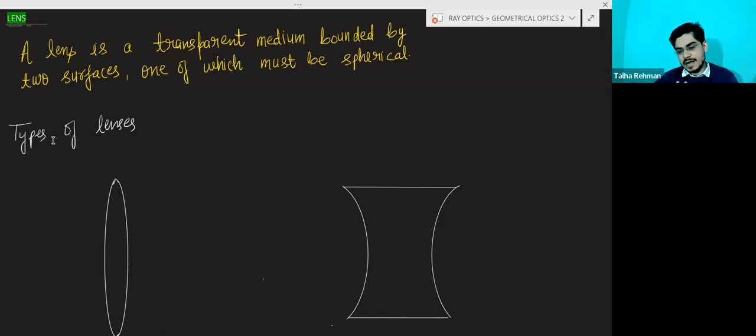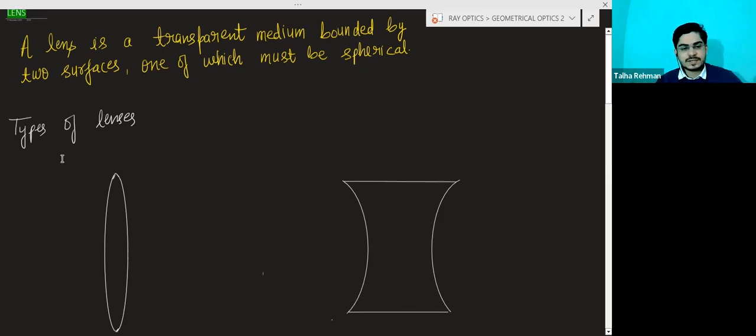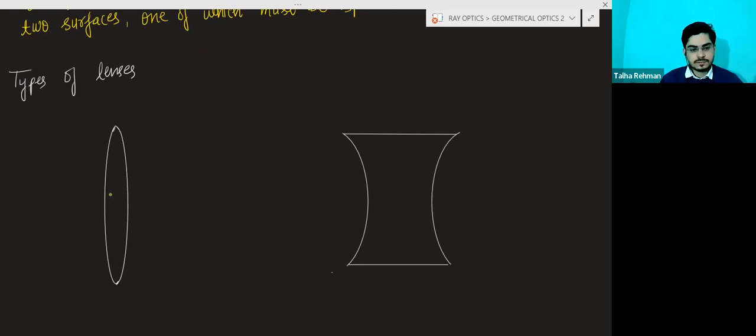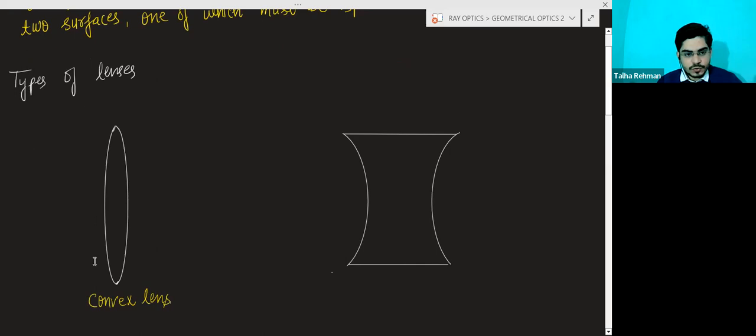There are other types of lenses also, but broadly we define lenses as convex lens and concave lens. So this is a convex lens. Why is this a convex lens? Because this is bounded by two bulging outward surfaces, means bounded by two convex surfaces.